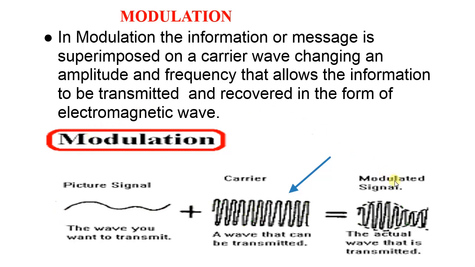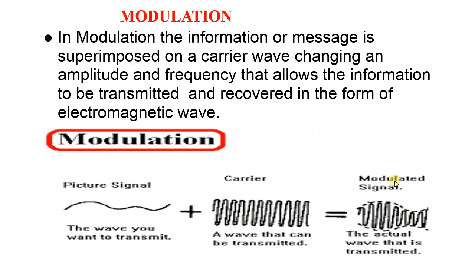And this is a carrier wave having high energy, high frequency, and low amplitude, and this wave having low energy and low frequency. When both are superimposed, when both are added, when both are mixed up, a modulated wave is generated.